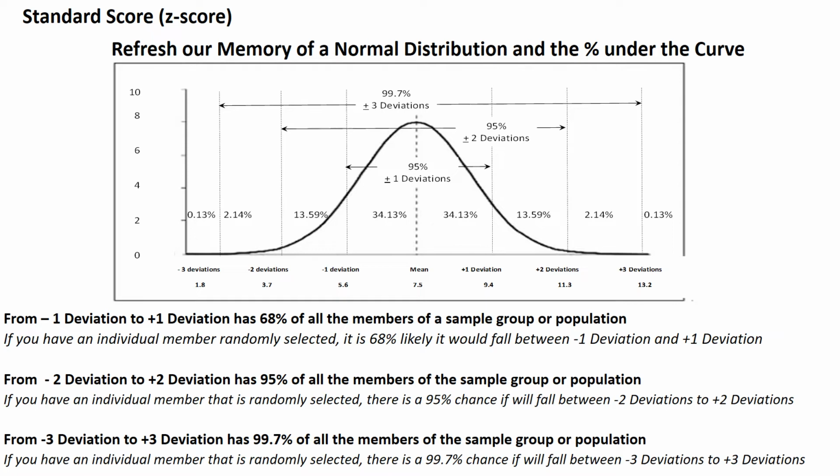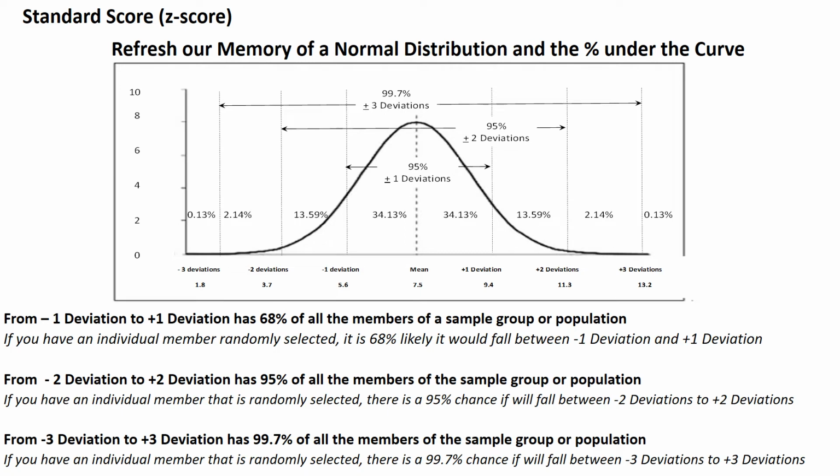And then 99.7% falls between -3 deviations and +3 deviations. And if you look for -2 to -3 deviations, it's only 2.14% of all the data. Same as +2 to +3 deviations, 2.14%.